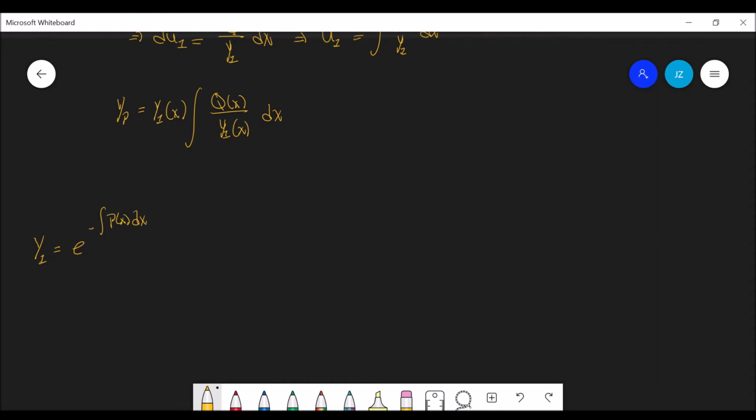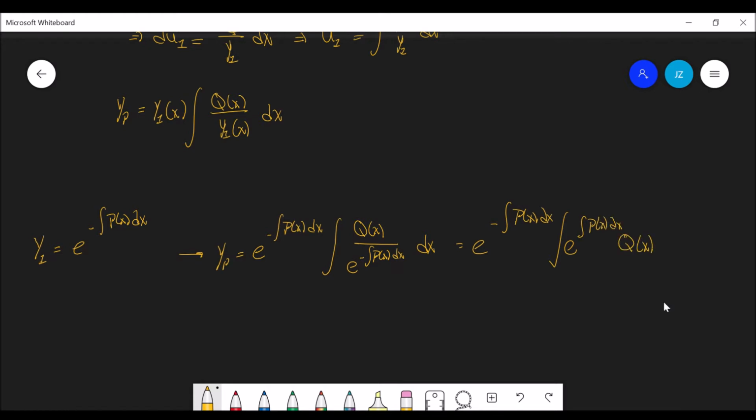So if we use this, we can write yp is e to the negative integral p of x dx times the integral of q of x over e to the negative integral p of x dx, or as e to the negative integral p of x dx times the integral of e to the integral p of x dx times q of x dx.